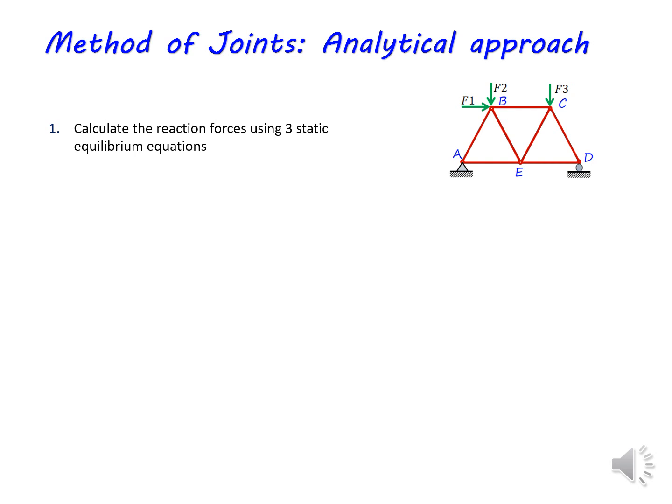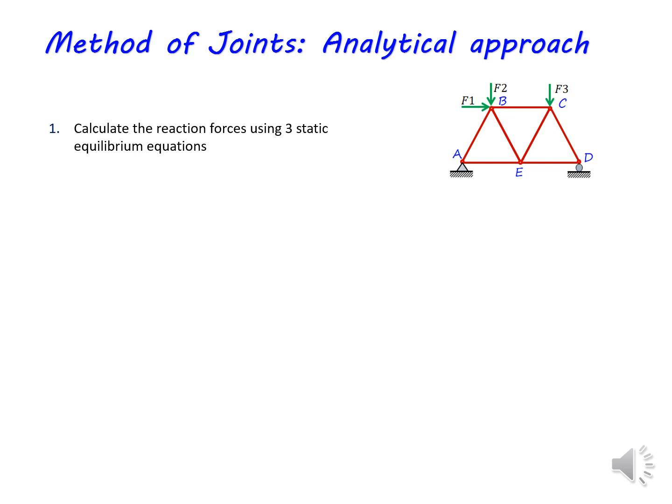The truss has 7 members which are unknown, and this truss is supported at one end with a pin support, that is joint A, and the other end is supported with a roller support, that is joint D. Three external forces F1, F2 and F3 are applied at joints B and C respectively.